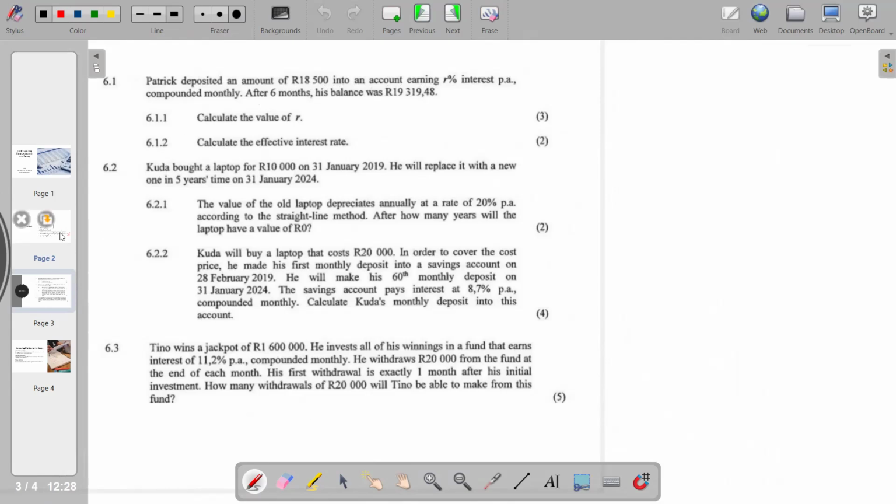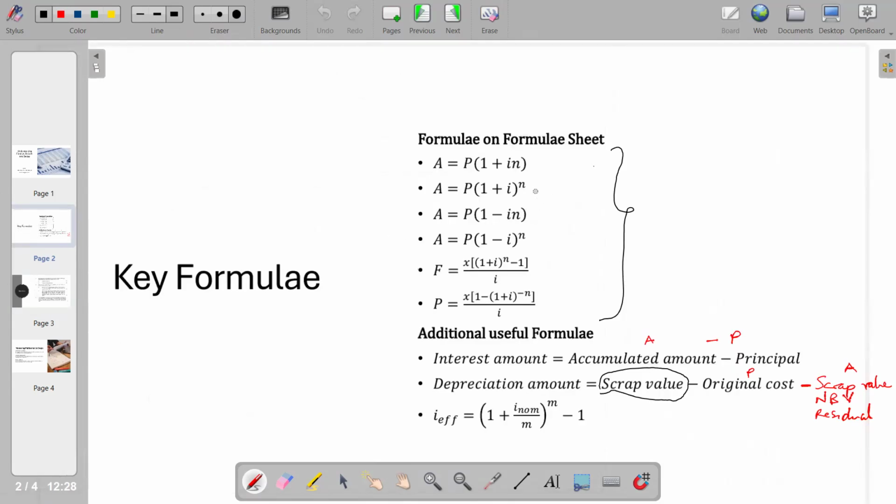So it means from our formula, we are going to use this formula. Why? Because it's compound interest. We have a lump sum invested. So using that formula there, we are just going to copy the formula.